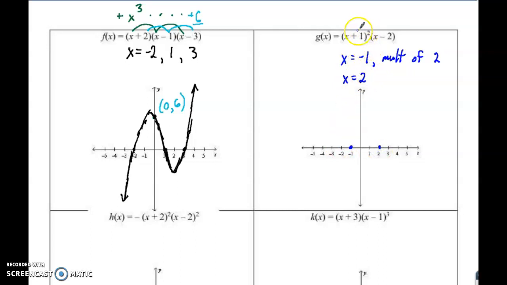Again, it might be helpful to consider that you have x squared times x, which would give you a positive x cubed. But it also might be helpful to plug in zeros for x's. And so you'd be left with 1 times -2. So then your y-intercept would go to 0, -2.